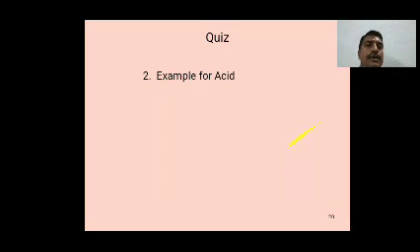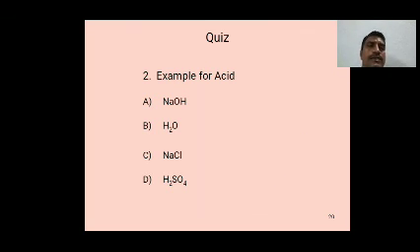Example for a dibasic acid. Options: A, NaOH; B, H2O; C, NaCl; D, H2SO4. NaOH is a base, H2O is water, NaCl is a salt, and H2SO4 produces H plus ions.